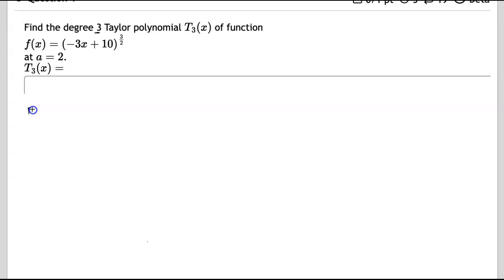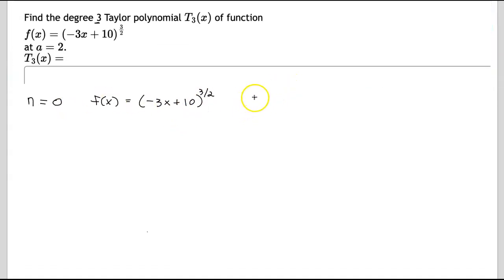So we'll start with the n equals 0 case, which is just the function itself, right? f of x is (negative 3x plus 10) raised to the 3/2 power. And here we're going to substitute the center of the series for x, and we'll get f of 2 is equal to, negative 3 times 2 is negative 6, plus 10 is 4.